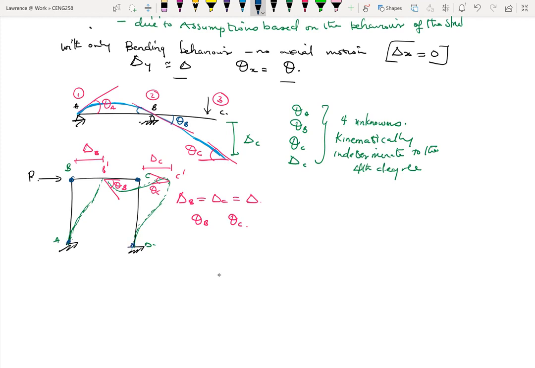So at points A and D, the nodes will not undergo any displacement.